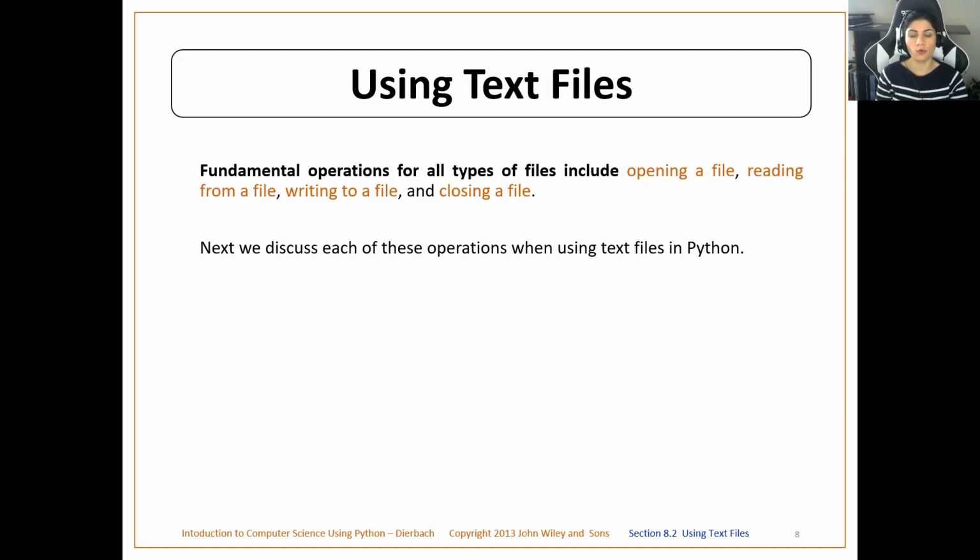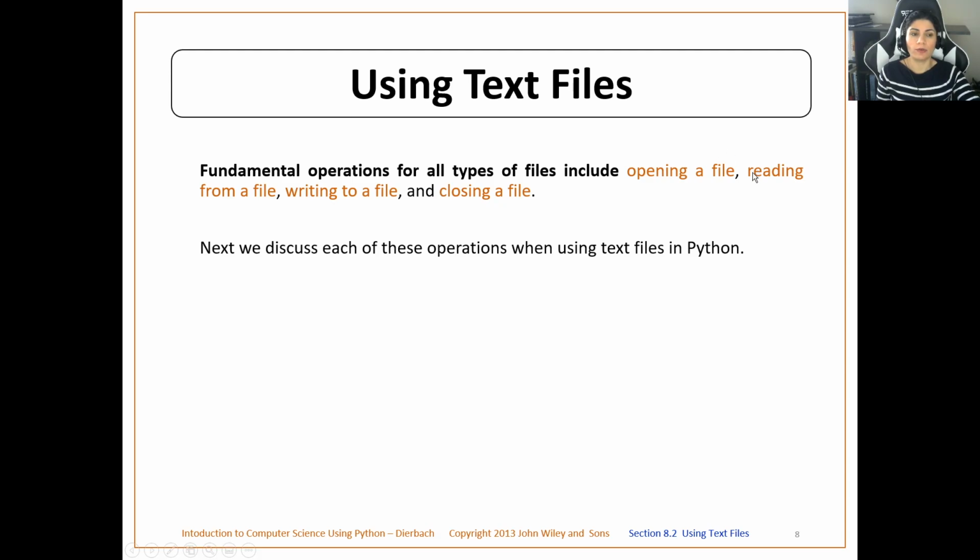There are four fundamental operations that we have on text files. The first one is you need to open a file to have access to it. So opening a file is the first step when you're dealing with text files. And whenever you're opening a file, you always need to close it after you're done. Okay? So opening and closing, you must have both of them when you are dealing with text files.